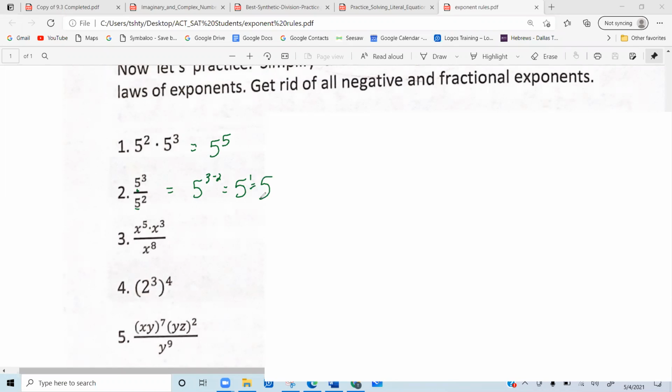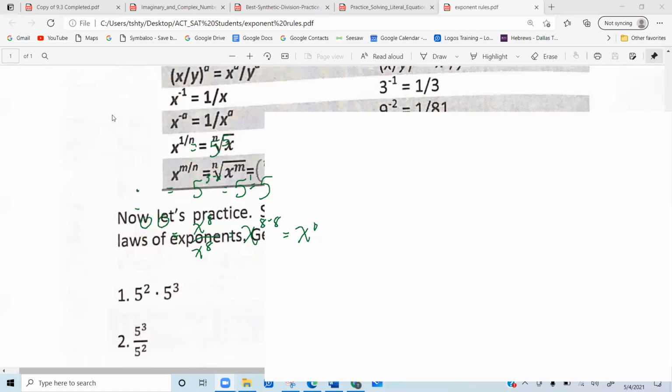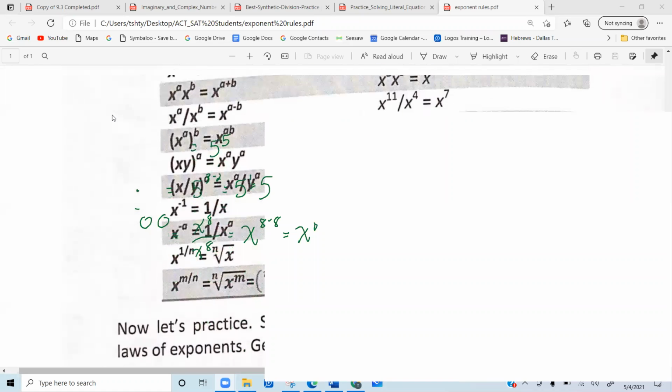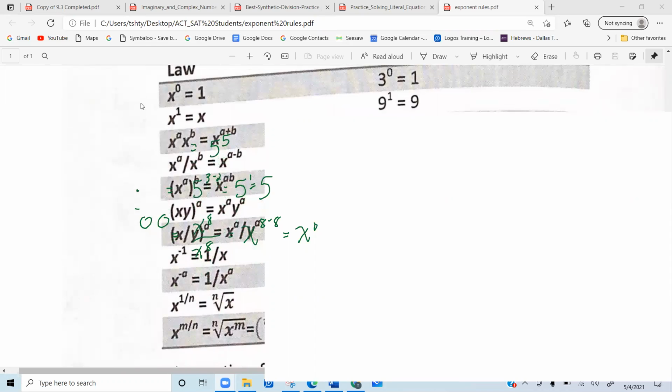Here we're going to do a combination. We're going to add for the numerator. So we're going to have x to the, again, same base, add the powers, 8th over x to the 8th. Well, subtract, that's x to the 8th minus 8. Notice that that's x to the 0. Well, if you go back up here, you will see in our rule that x to the 0 is 1.